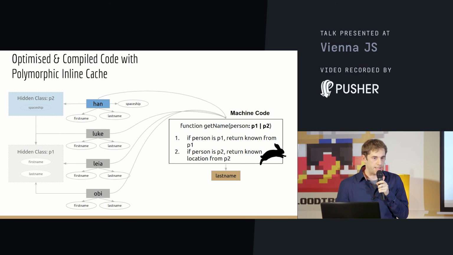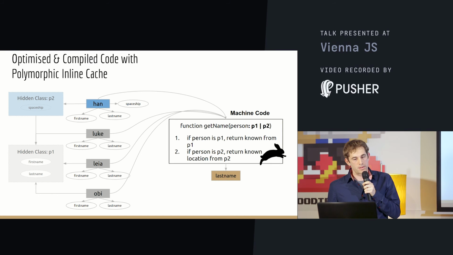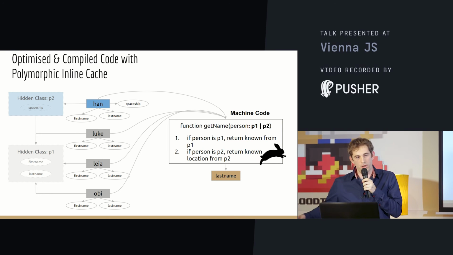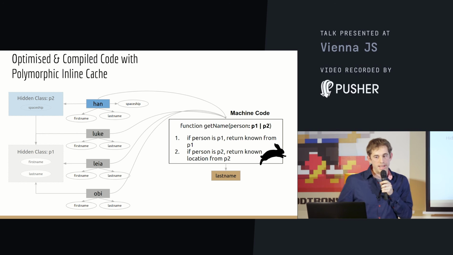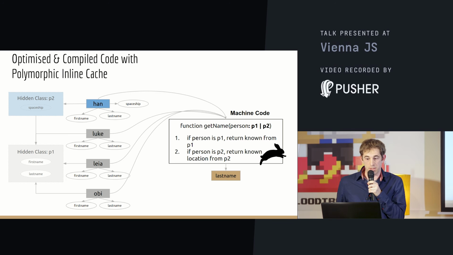In our case, I have added this property spaceship to the object Han. Now our engine said, okay, this is a new property, so it cannot be P1 anymore, and it has to create a new hidden class. In this case, I call it P2.